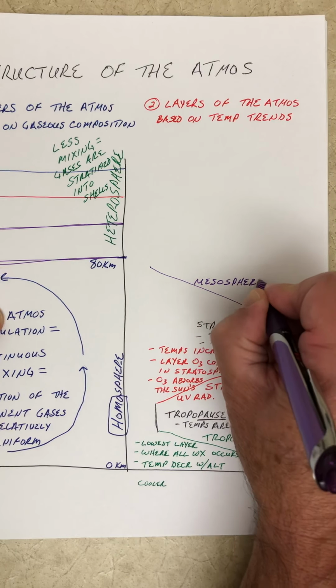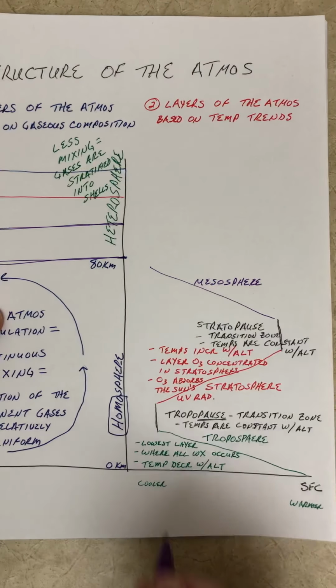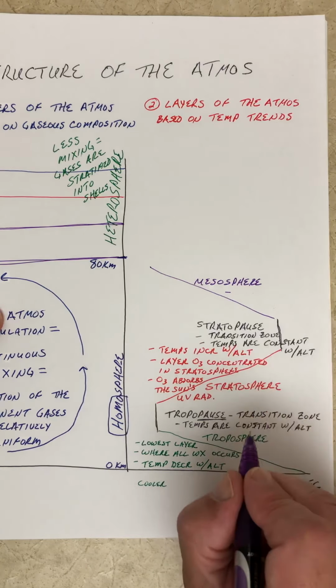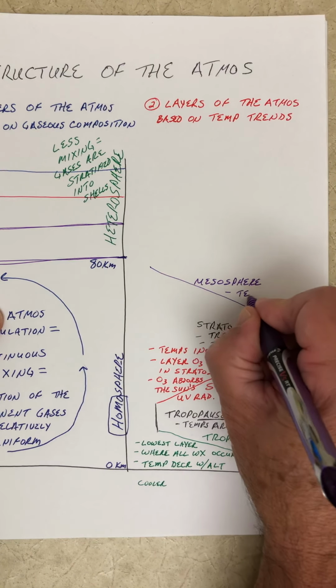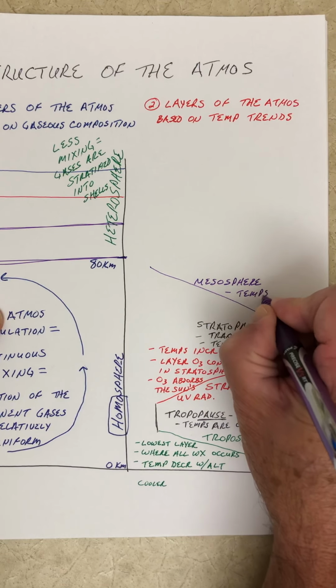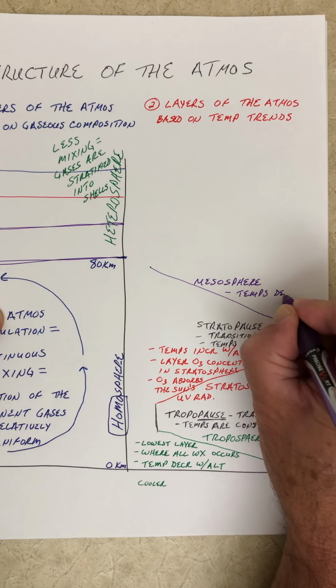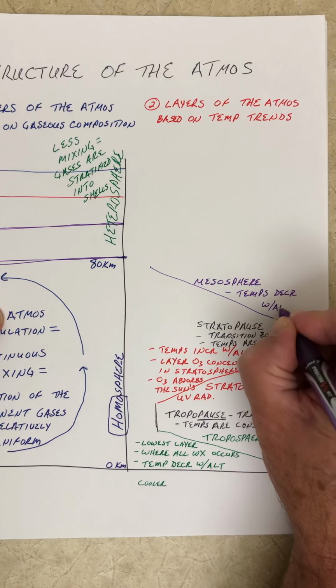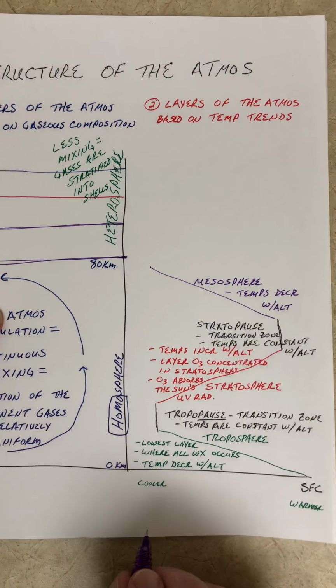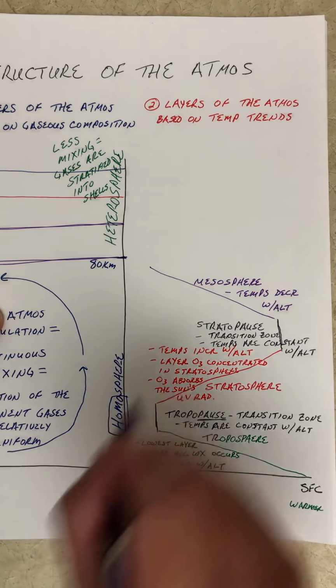Pretty much all I'm going to say about the mesosphere is that the temperatures are once again decreasing with altitude. And as Forrest Gump said, that's all I have to say about that.